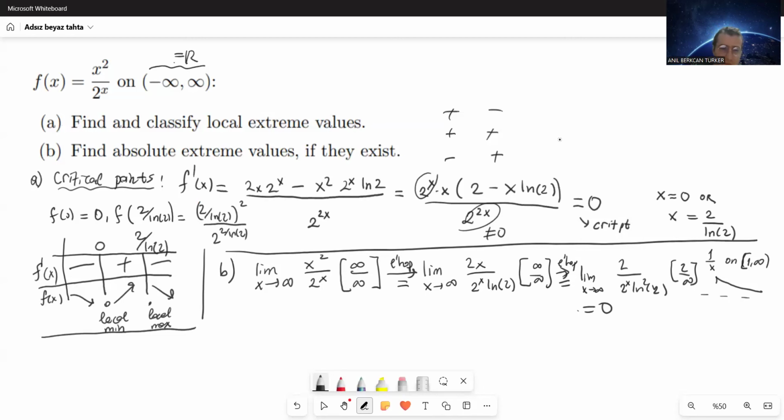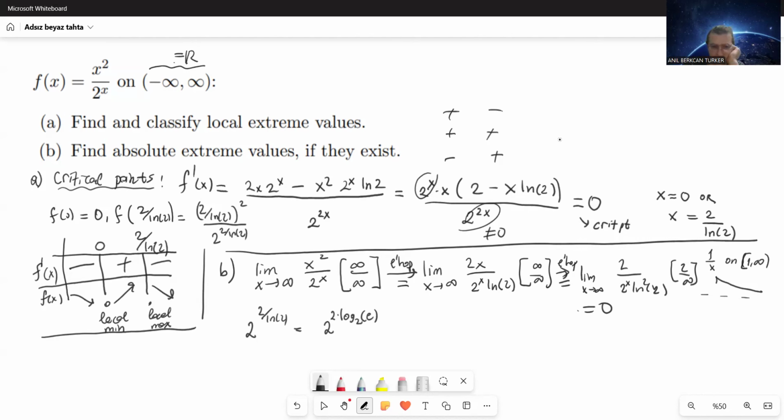But I can put this as log base 2 of e, right? Okay. Anyway, let me just calculate 2 to the power 2 over ln 2, which is equal to 2 to the power 2 log base 2 of e, right?